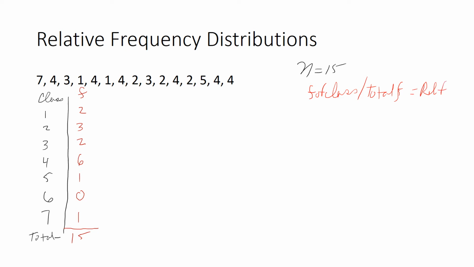So let's give it a shot. We'll draw in another column here, and that will be the relative frequency distribution. Starting off, the class of 1, frequency of 2, is going to give us a relative frequency of 0.1333 repeating, 0.13 repeating.